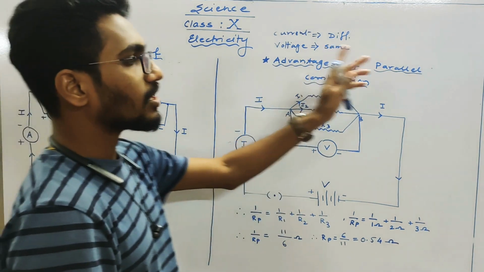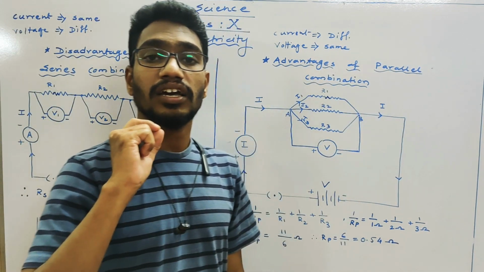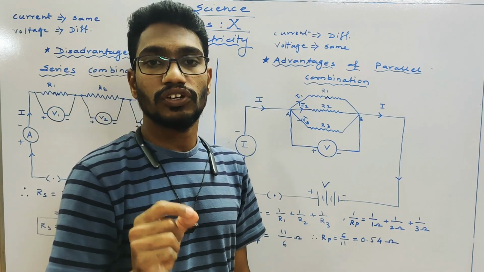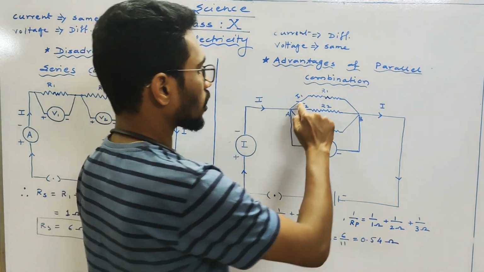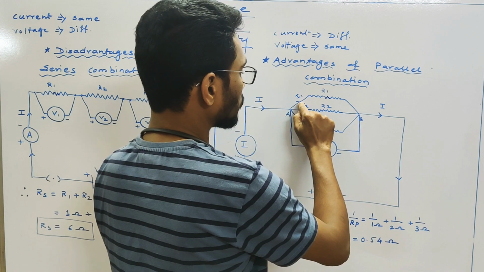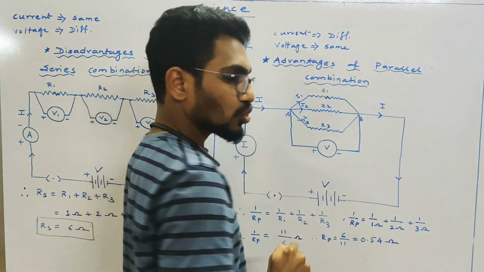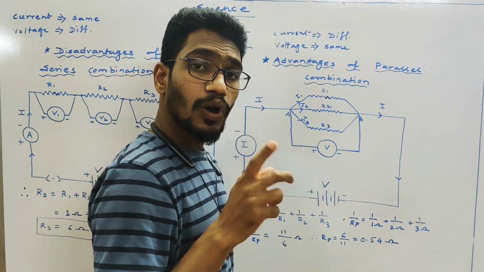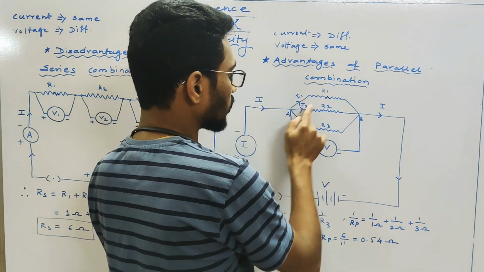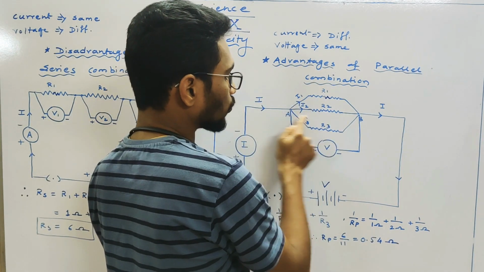But in the case of parallel combination, we can connect a separate switch for all the appliances. If you apply the switches at these points, I1, I2 and I3, you can turn them on or off. If the switch here is turned off, still the current will flow through R2 and R3.